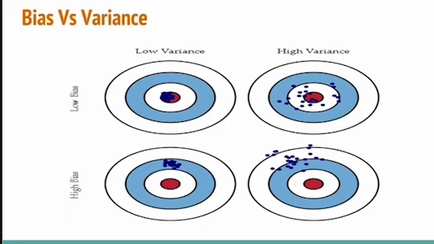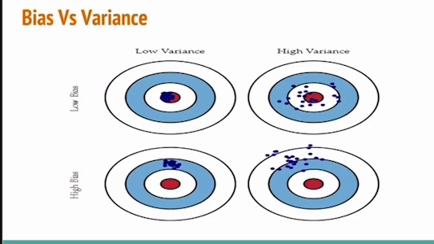Because we want to perform variable selection, and not only that, we probably want to solve a problem, maybe caused by overfitting or underfitting. But how am I going to know there's overfitting? How am I going to know there's underfitting? I first want to explain the concept of bias and variance.